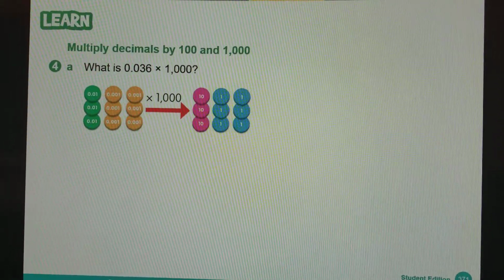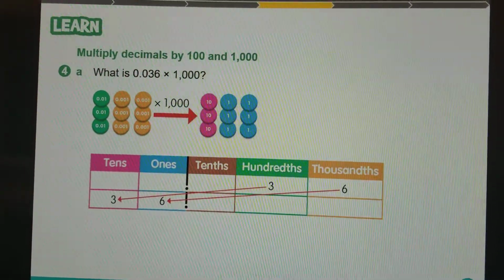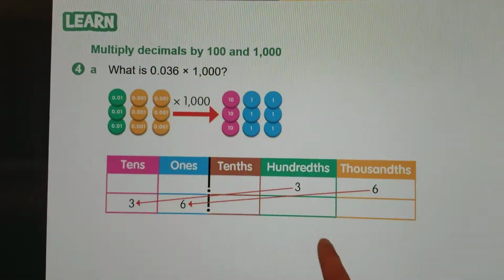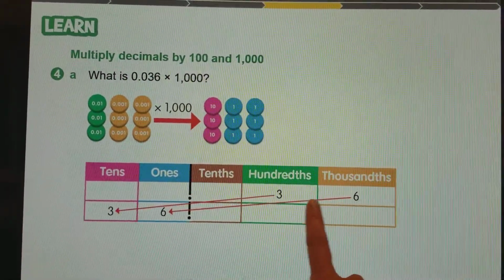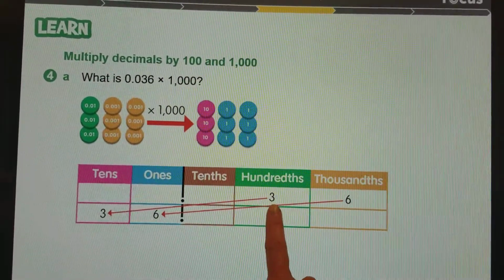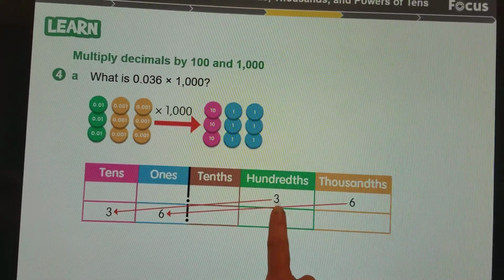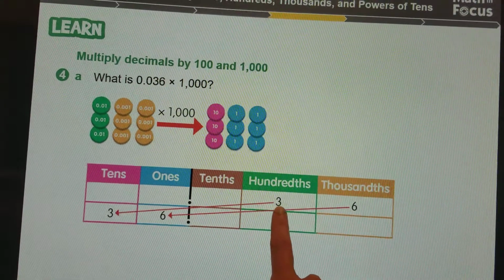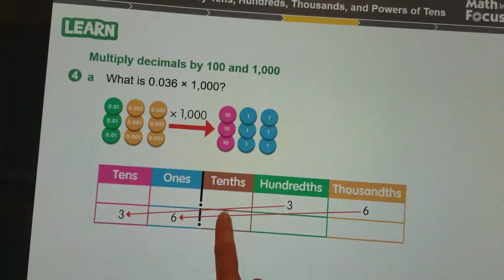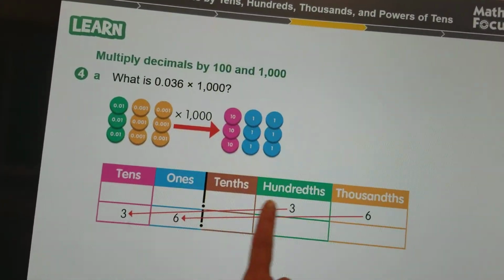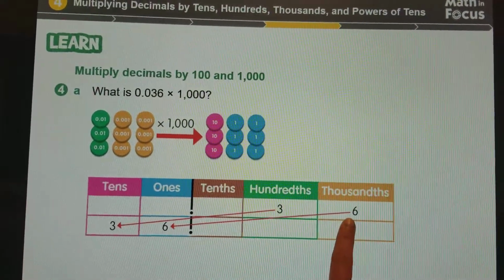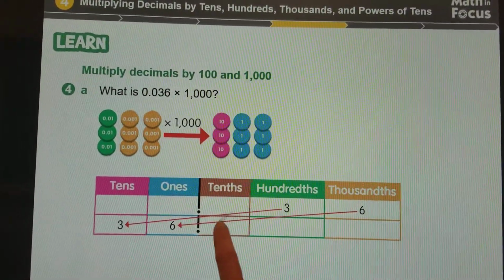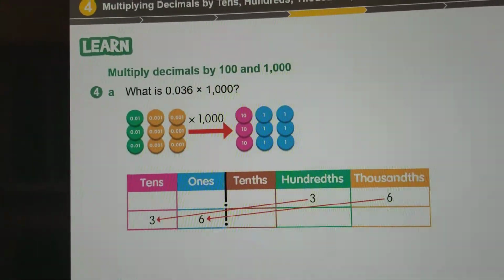Okay, so when it has 2 digits, you just have to be a little bit more careful. 36 thousandths. So let's pretend it was 3 hundredths. So 3 hundredths times 1,000, times 10 times 10 times 10. 6 thousandths times 1,000, times 10 times 10 times 10. That's the same as before. That's the previous problem.